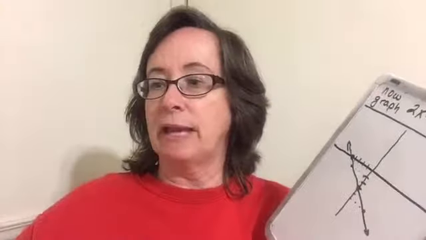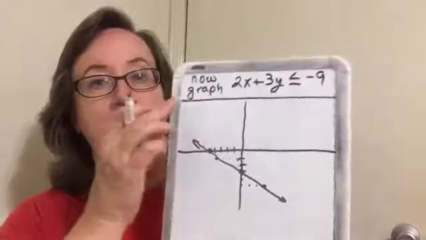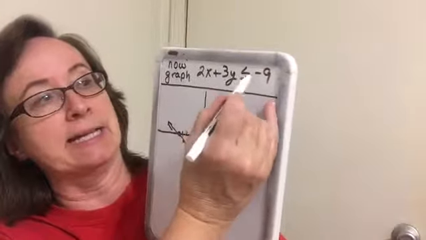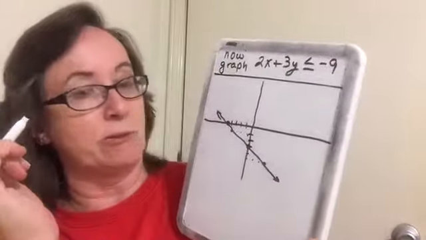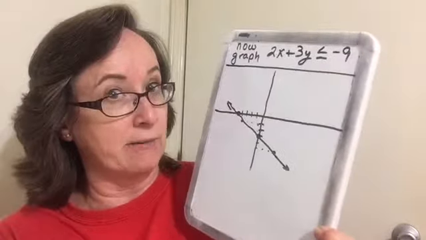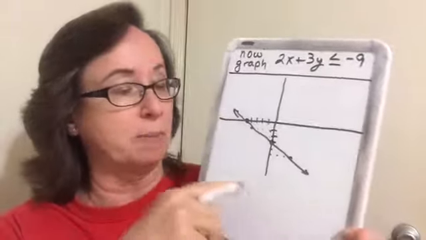So now that I have graphed my boundary line, I have to look back at my inequality, which I have up here, and I decide, yes, mine has an equal to it. So I'm going to have a solid line. Now comes this shading of the line. I need to know whether to shade above my boundary line or below it.